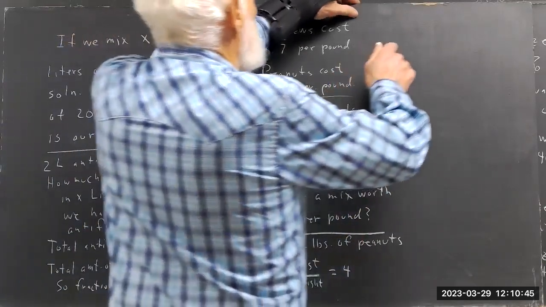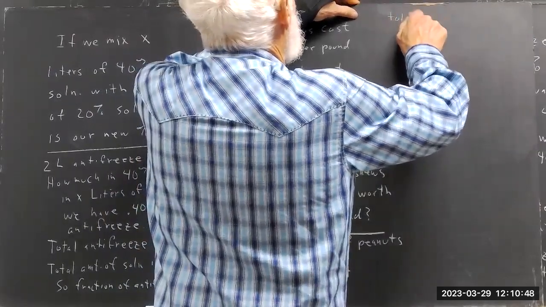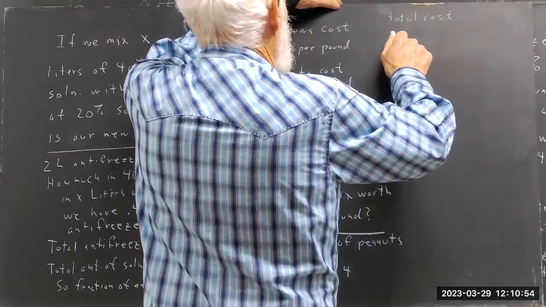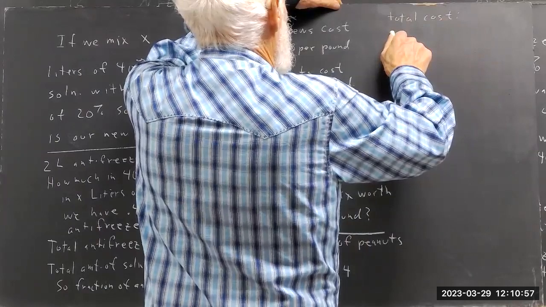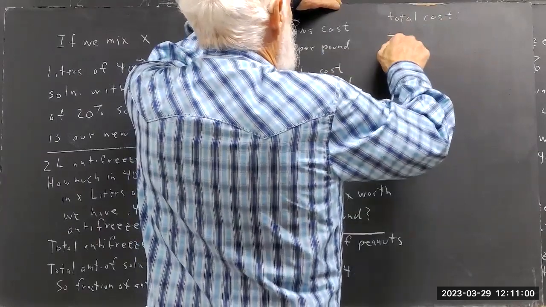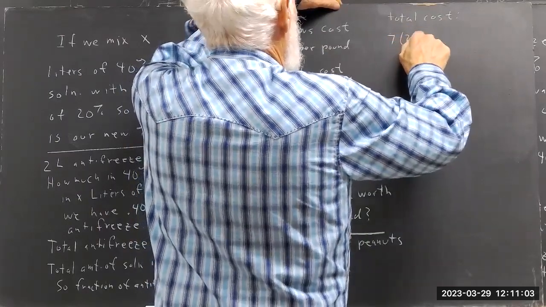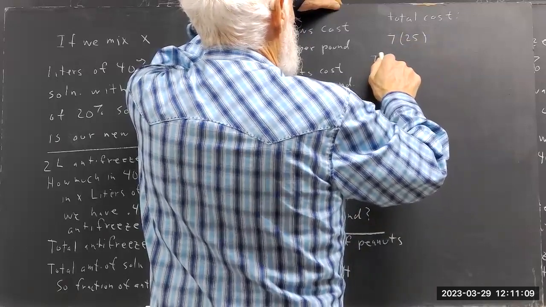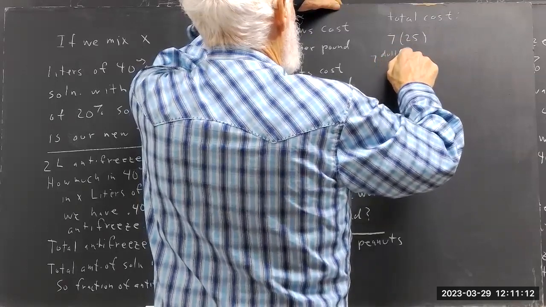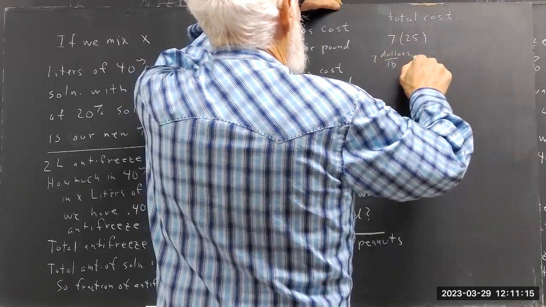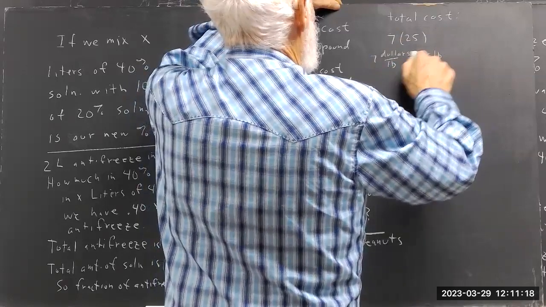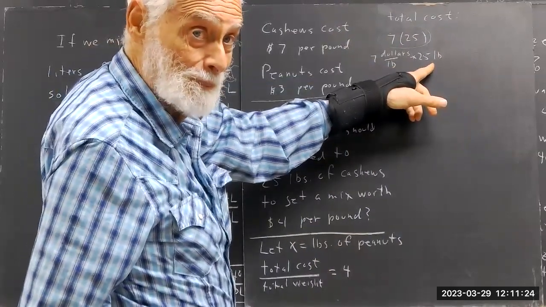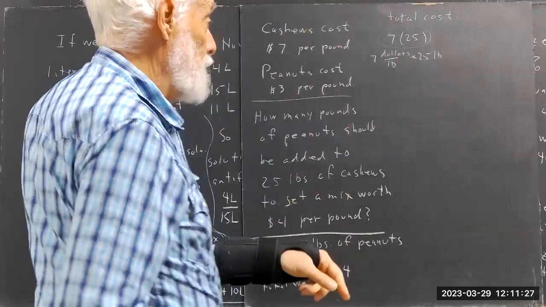Now, what's the total cost? I really want to use units. It's $7 per pound times 25 pounds, and we know that's going to give us $175.